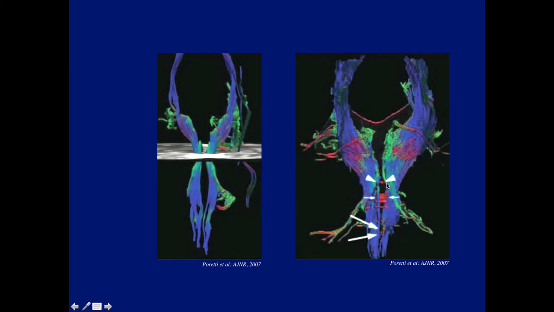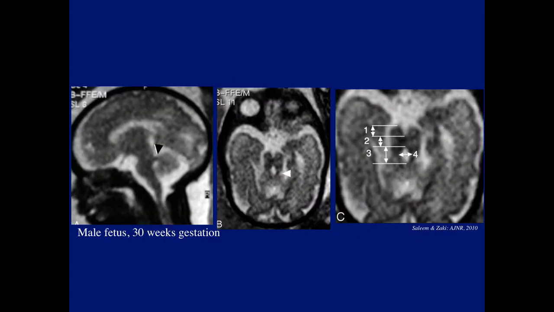Normally you would see the decussation of the superior cerebellar peduncle, the crossing pontine fibers, and the crossing corticospinal tract, but none of those are visible in the abnormal case of Joubert syndrome. And here's a fetal specimen from the literature, a fetal MR in a family that was concerned that the baby may also have this syndrome.